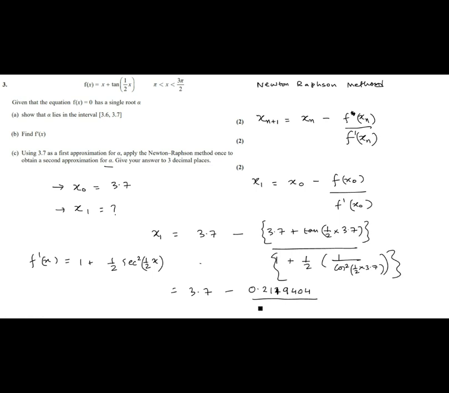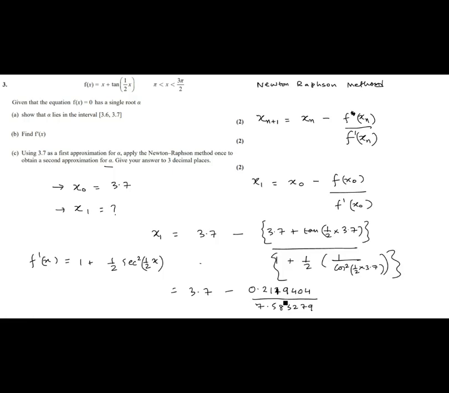That comes out as 1 plus 0.5 times 1 divided by cos square of 3.7 over 2. Okay, yeah. So this comes out as 7.583279.